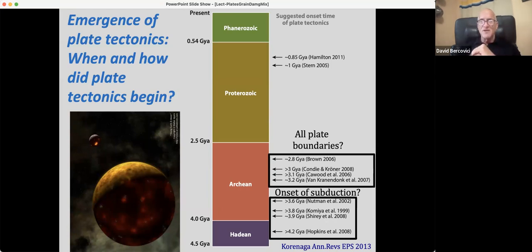In other words, the development of oceanic basalt from mid-ocean ridges. Steve Shirey saw evidence that there was the formation of basalt, which looks like eclogite coming out of the mantle, occurring about 3 billion years ago or so. So 2.7, 2.8 seems to be a number where you start to get a network of plate tectonics, but maybe 4 billion years is when subduction starts to kick in.